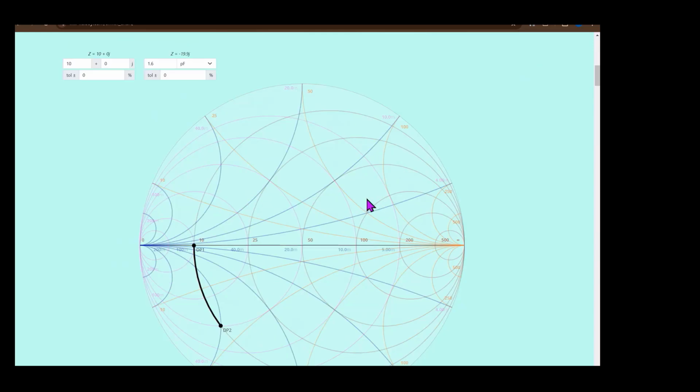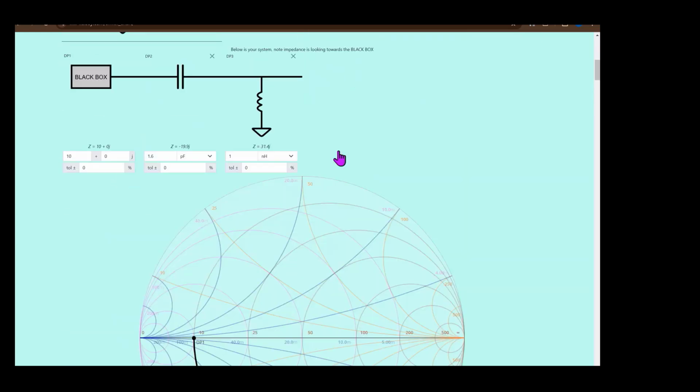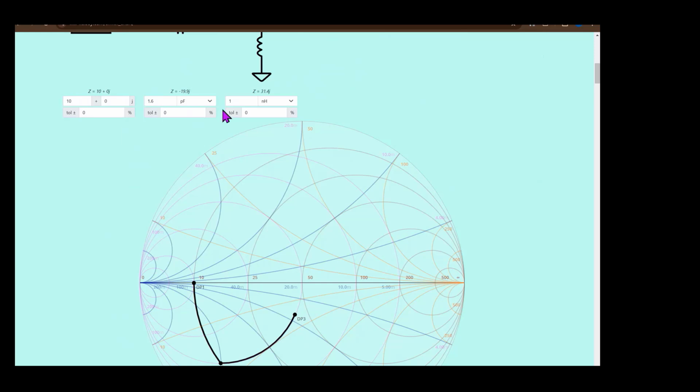And if I wanted to go to 50, now I need a shunt component. And I'm moving up. Inductors always move up, capacitors always move down. So we can grab a shunt inductor. Needs to be a little bit bigger. Sorry, a little bit smaller. Here we go. Matching network done.